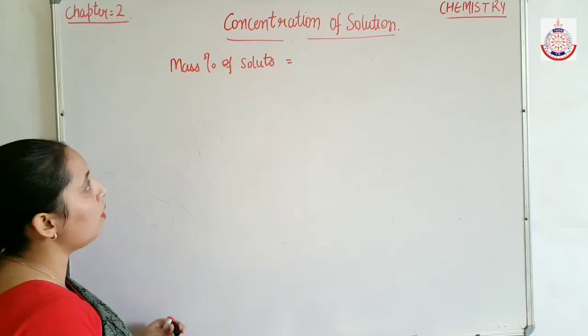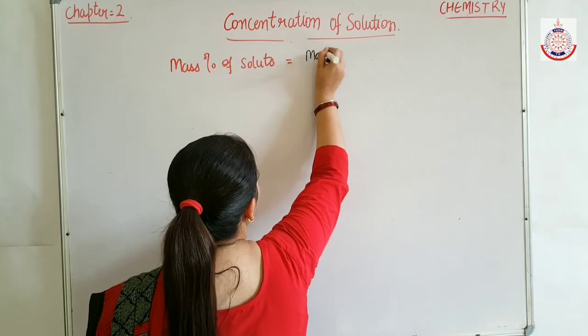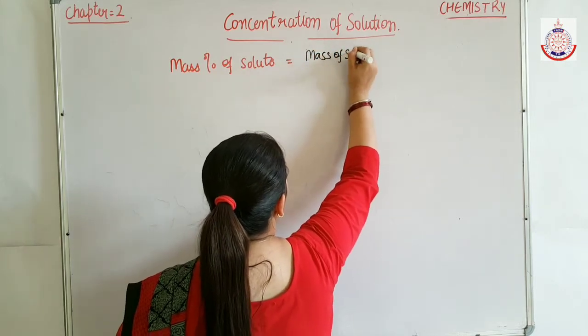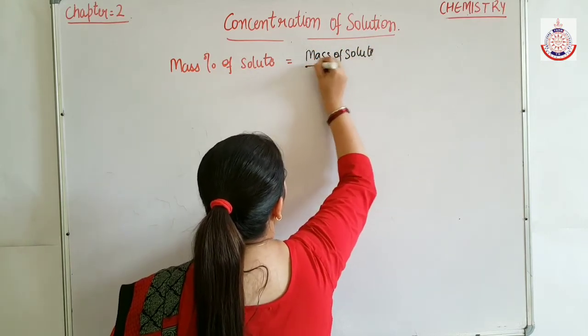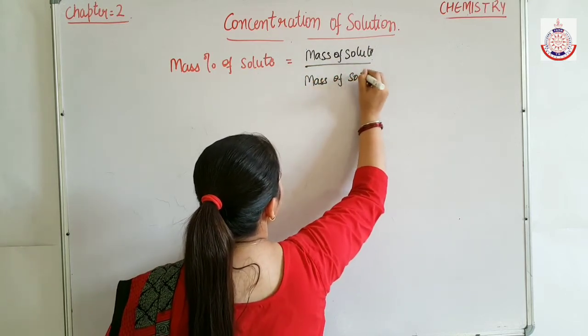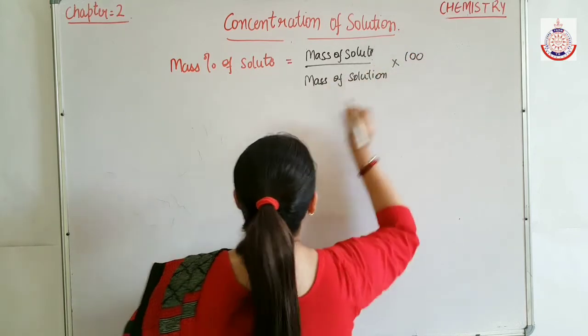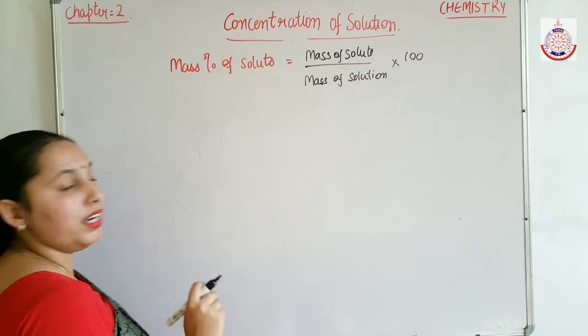How can we find out the mass percentage of solute? Mass percentage of solute is the mass of solute to the mass of solution into 100. Because I am finding percentage, that is why I have written 100 there.